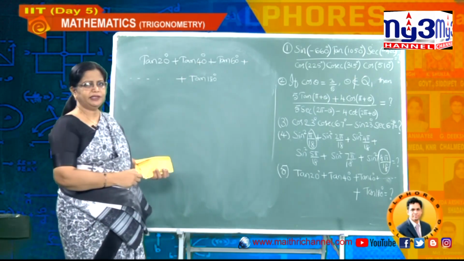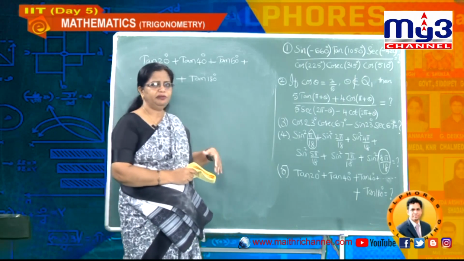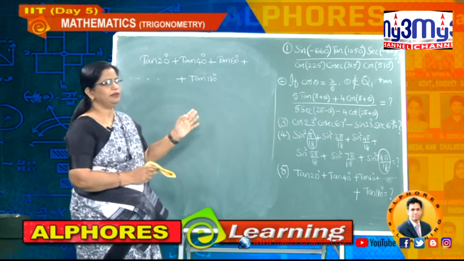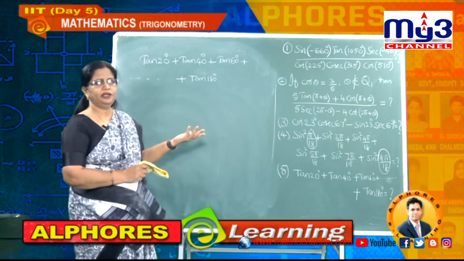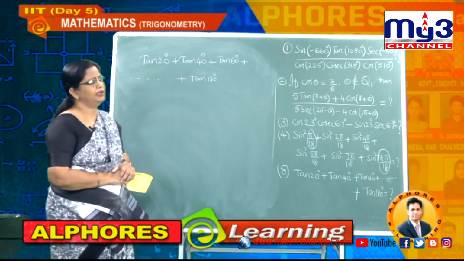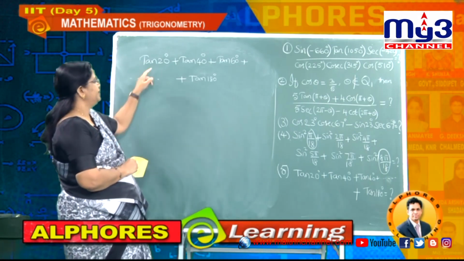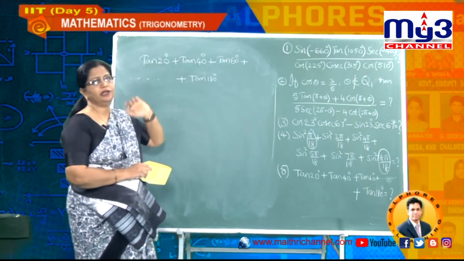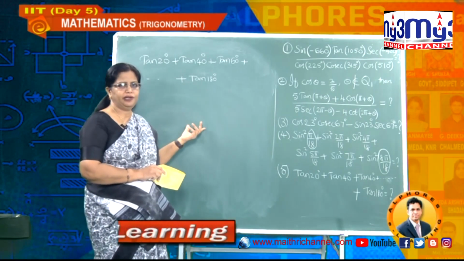Just now I said, whenever more terms are given in any problem, we have to search for combinations of known values, whether supplementary angles or complementary angles. Now, the first term and last term: 20 here, 180 here. What is the sum? 200, understand.